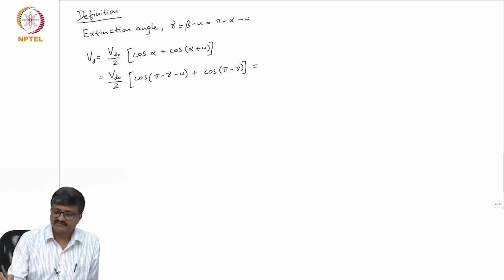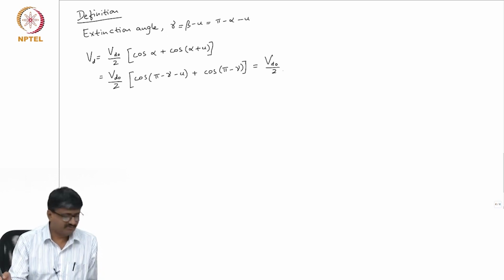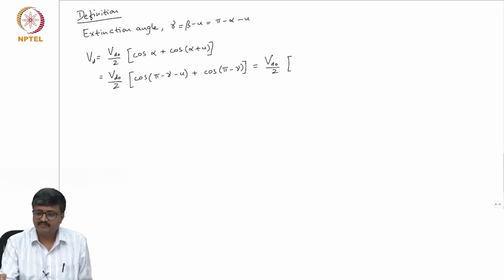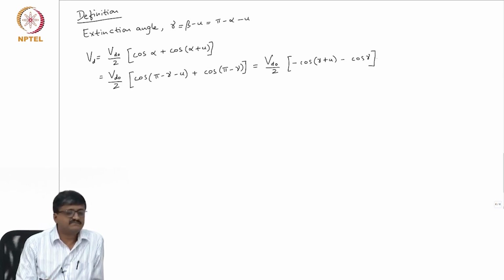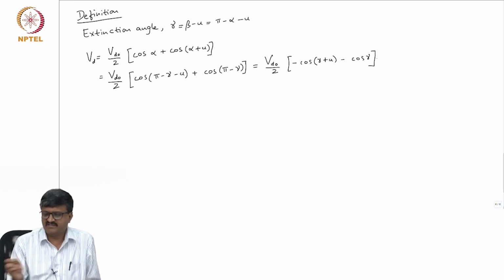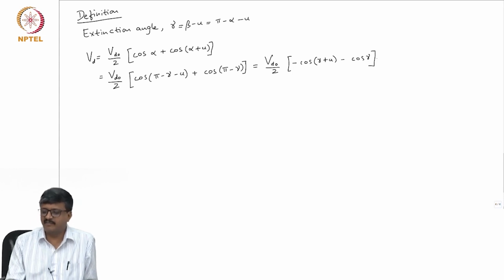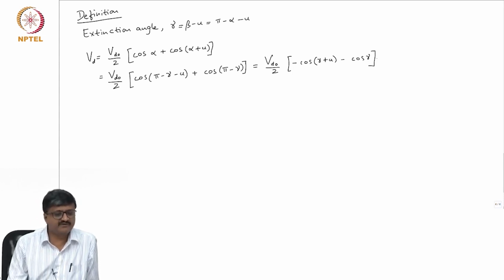So, that gives Vdo by 2 into minus cos gamma plus u minus cos gamma. So, this is just an expression in terms of gamma and u and Vdo, of course, instead of alpha, u and Vdo, that is all.